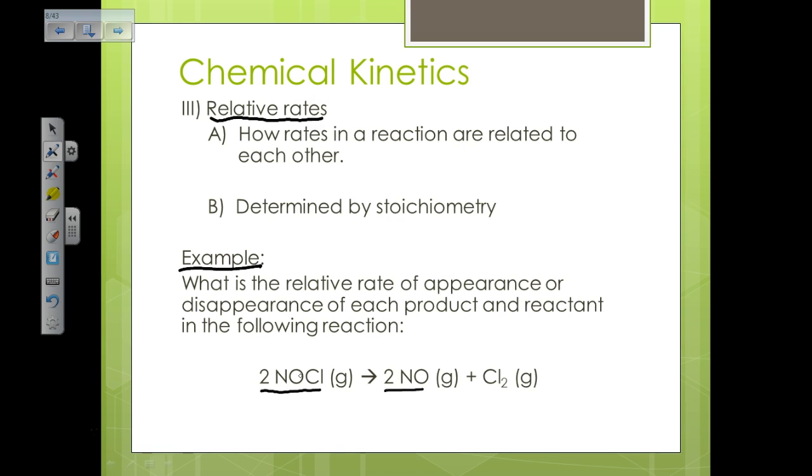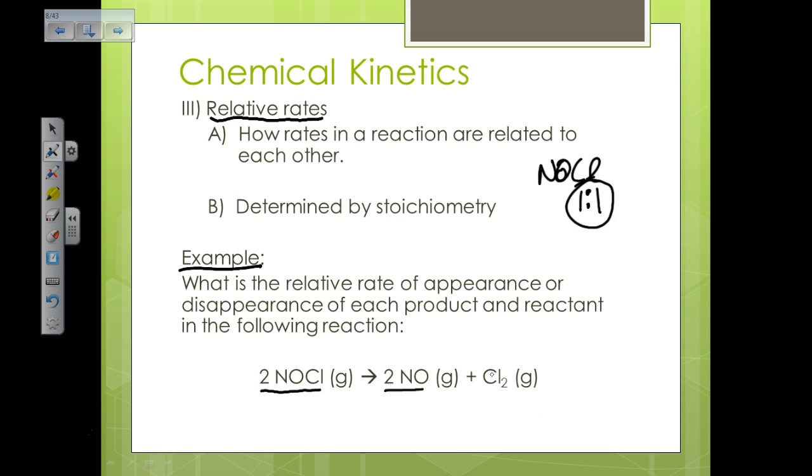If two of these are used up, two of these are made, that means that NOCl is a 1-to-1 ratio, and so the rate of disappearance of this equals the rate of appearance for NO. That's because for every two of these being used up, two of these are being made.